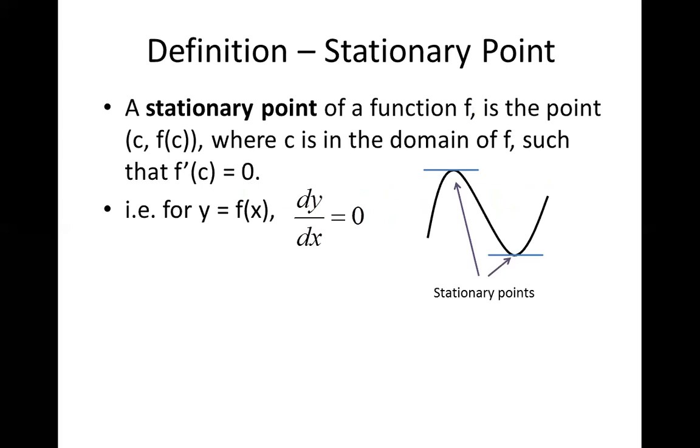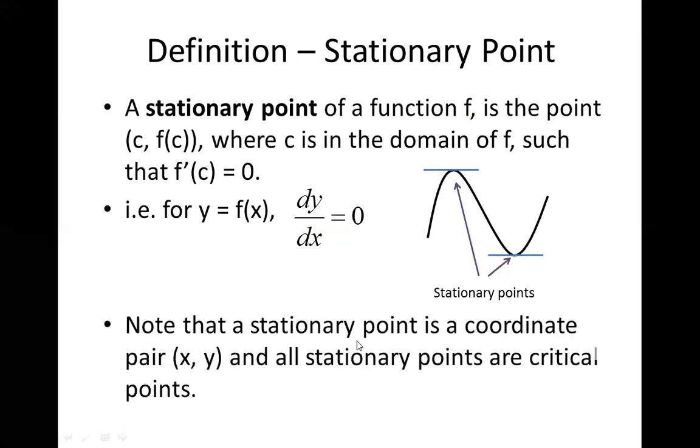For y as a function of x, dy over dx is 0 at a stationary point. Note that a stationary point is a coordinate pair x, y, and all stationary points are critical points.